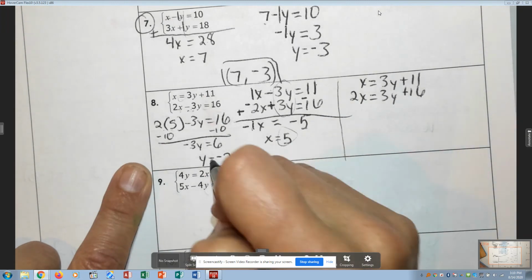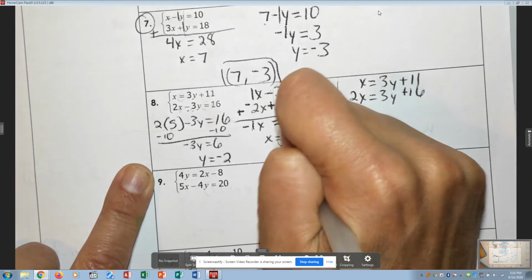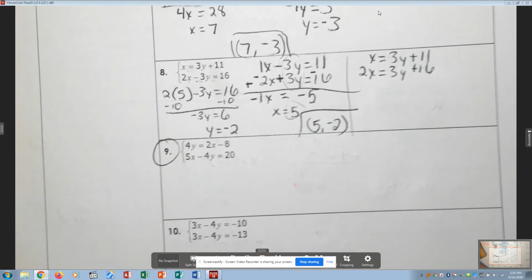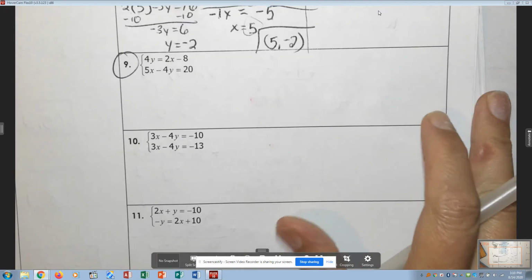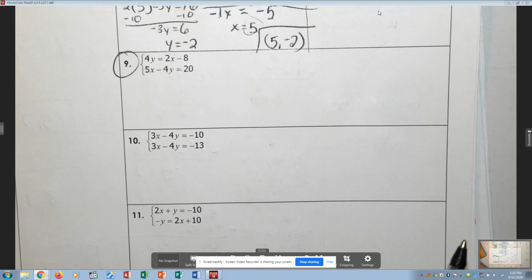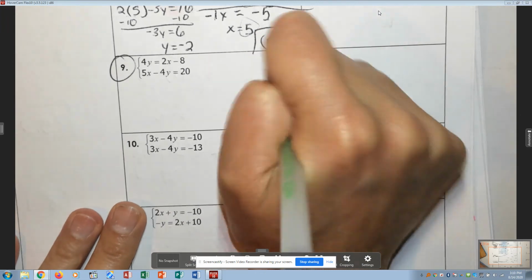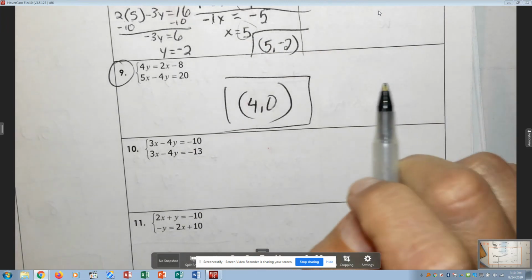So the point of intersection here is (5, -2). Okay? Can you please do number 9 for me? All right, so for number 9, you should have gotten (4, 0). I'll look and see how you did on the data and see if I have to go over this.